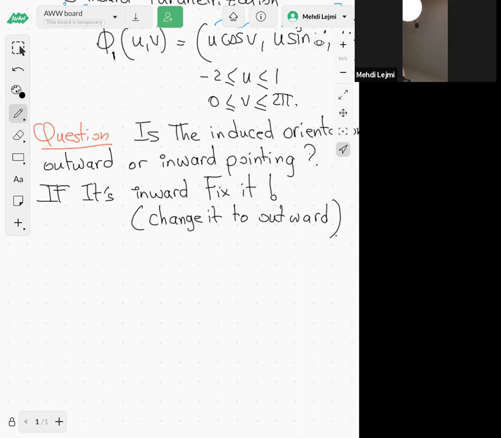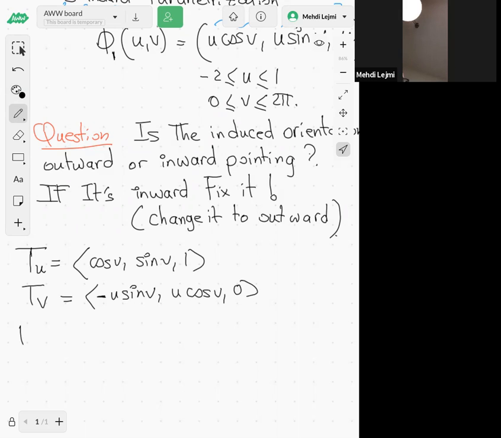If you do the derivative with respect to u, I think it will be cosine of v, sine of v, and 1. The derivative with respect to v would be minus u sine of v, u cosine of v, and 0.